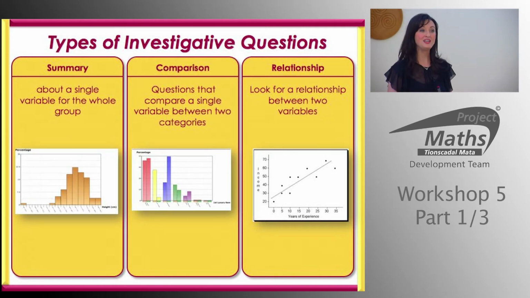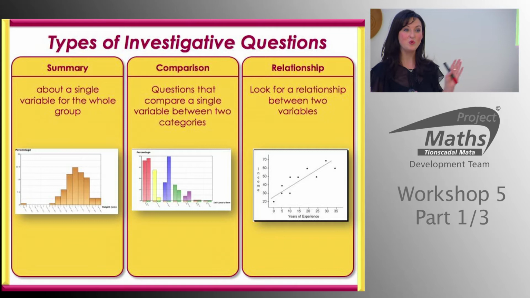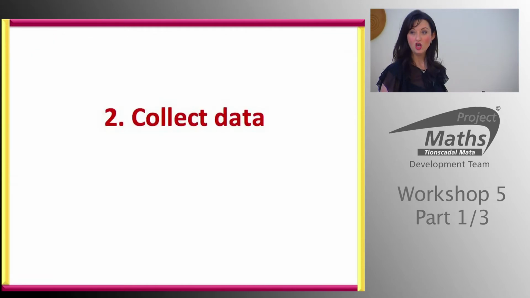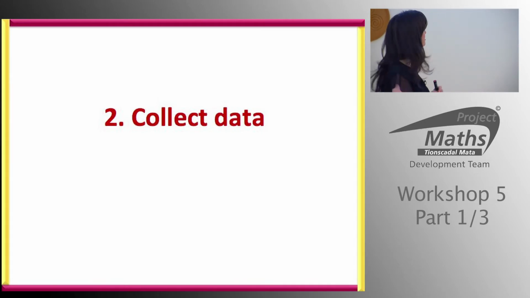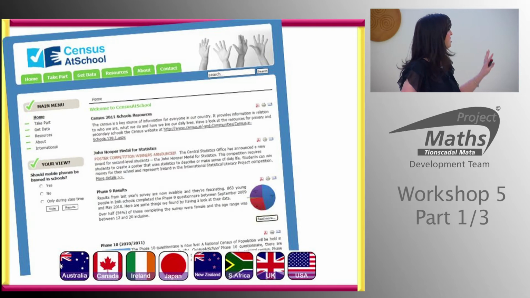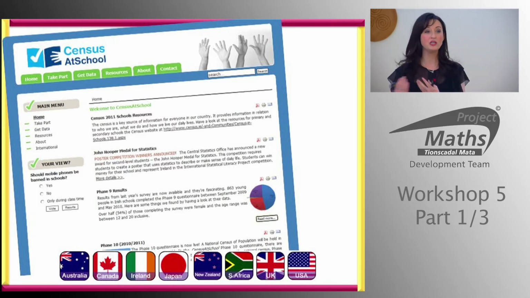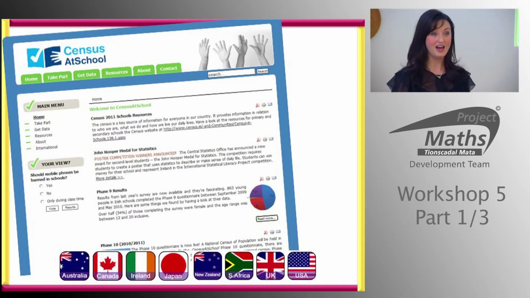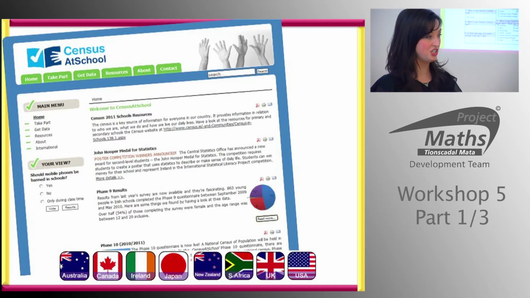Okay, so the second thing is they have to be able to collect the data. Now, what's lovely about the data is that we have Census at School. So we're able to sign up as a teacher to Census at School. And when you sign up, you get a questionnaire. They give you this questionnaire, which you can give out to the people in your class, and they do the questionnaire.